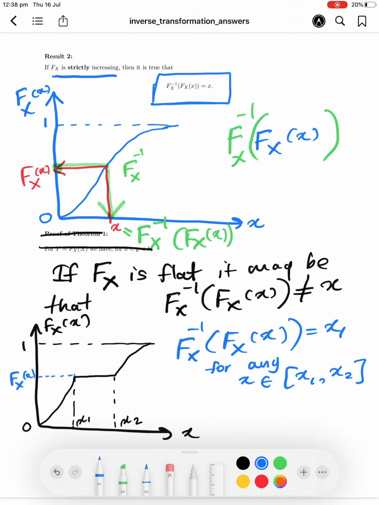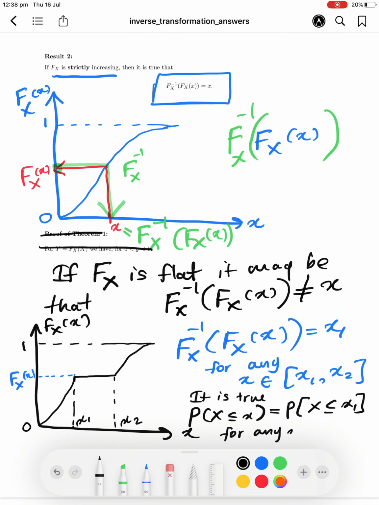Even with this case, it is true that probability capital X less than or equals simple x is equal to probability X less than or equal x1 for any x within x1, x2, including x1 and x2.